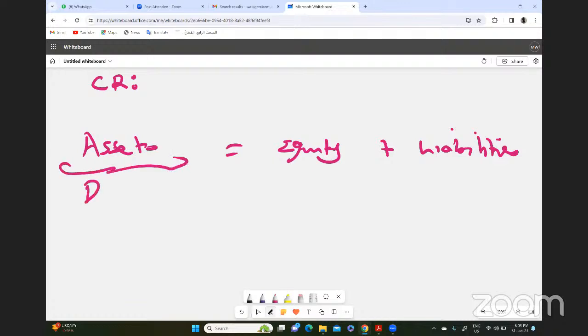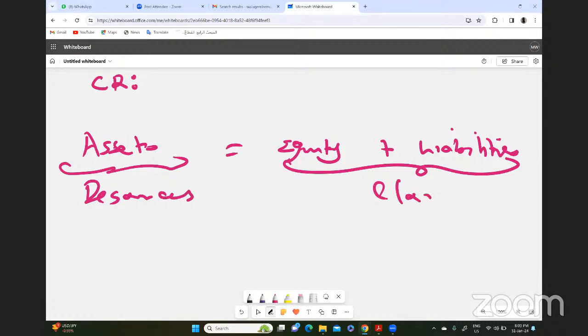These are resources, and these are claims. Whatever assets an entity has, there are people or persons that have claims in them, and they are those people that actually contributed towards acquisition of those assets.